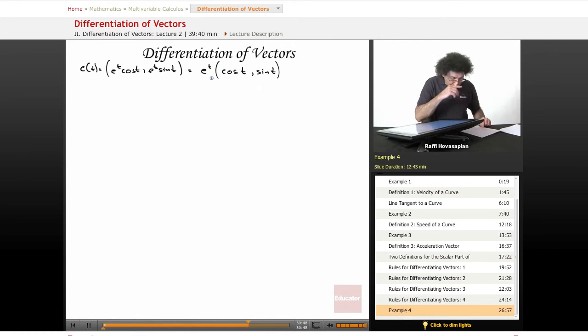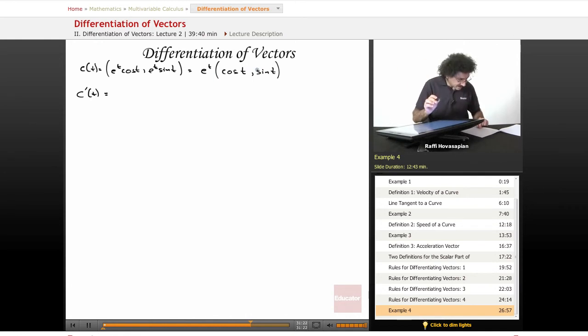Okay, now let's go ahead and take the c prime of t. Let's go ahead and take the derivative of this. So c prime of t, well, we said that it is going to equal this times the derivative of that plus that times the derivative of this, right? That was rule number 4. If I have a function times a vector, when I take the derivative of it, it's just a normal standard derivative: 1 times the derivative of the other plus 1 times the derivative of the other.